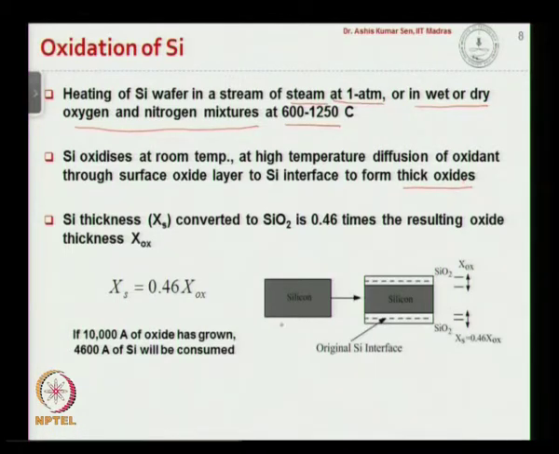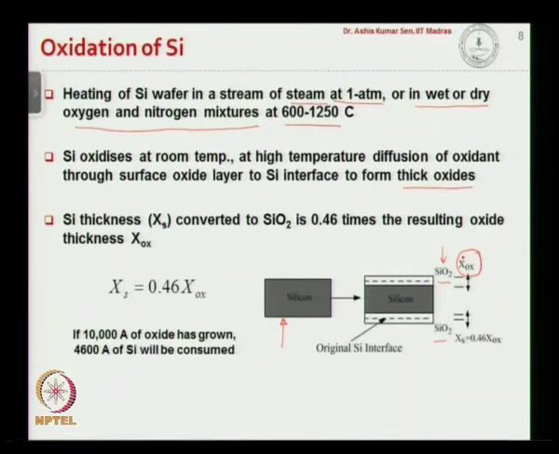Now if you start with a silicon wafer, as you can see here, let us say this is the silicon wafer, and you put it in an oxidation furnace. Let us say you have a silicon dioxide layer growing on both sides of the wafer. Let us consider only one side. Let us say the total oxide thickness is specified by x.